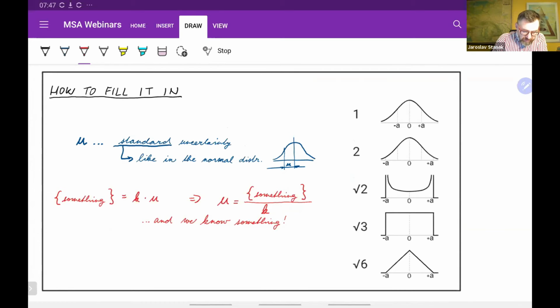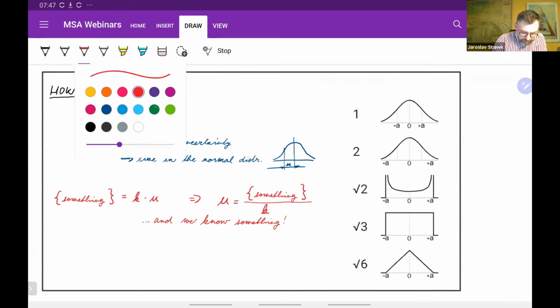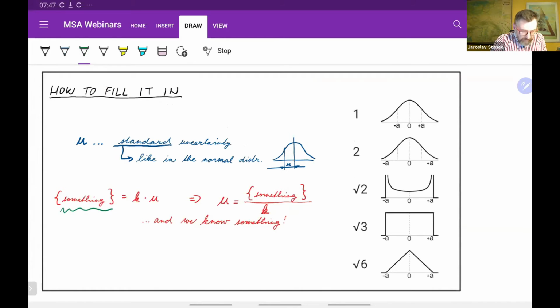So that is something you know about the measuring device, and that something can be the equipment variation on an object. It can be the span of the individual measurements. Or you have the difference from the temperature or anything else. Then always before putting it in, we need to recalculate that to standard uncertainty.